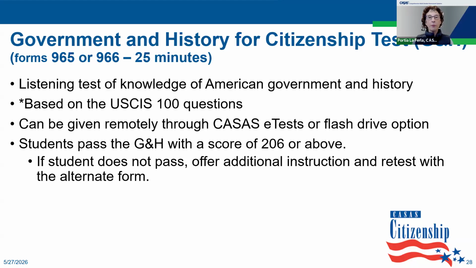It is currently based on the 100 questions from the USCIS, and it has already been updated to reflect the 128 questions. However, it is in field testing right now, and we do not have a date by when that will be ready. They just have to have enough field testing that they can then release it.